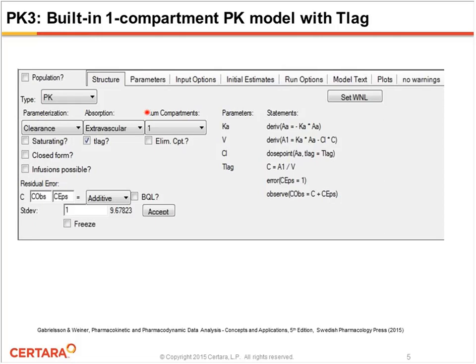So we use PK model with clearance parameterization, extravascular absorption with T-lag checked, and a one-compartment elimination. And here we have the differential equations that are listed here, as well as T-lag incorporated into the dose point statement, concentration term, and then the error model.